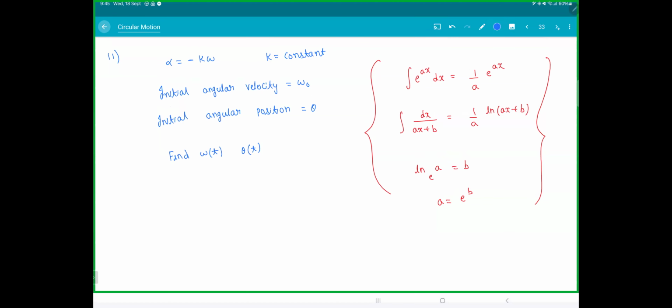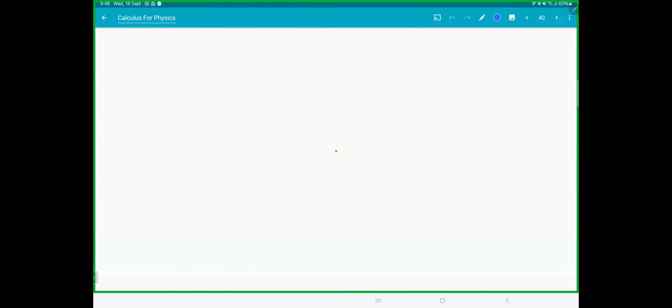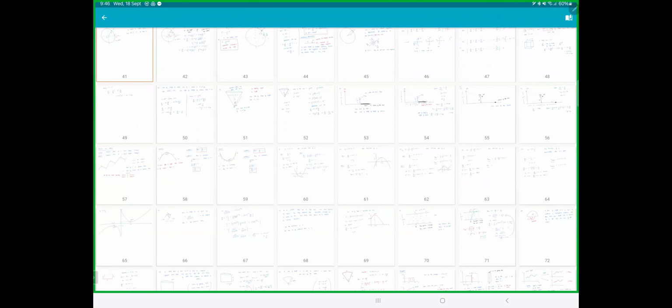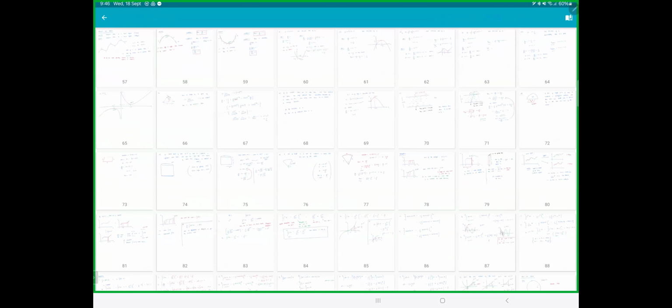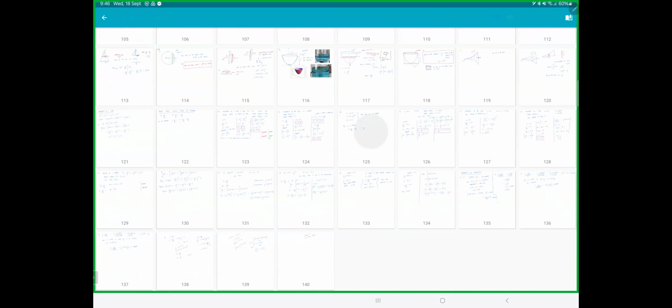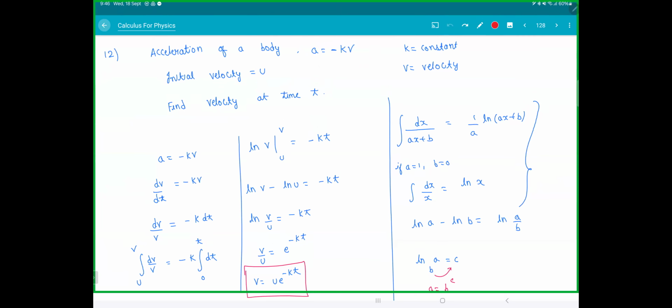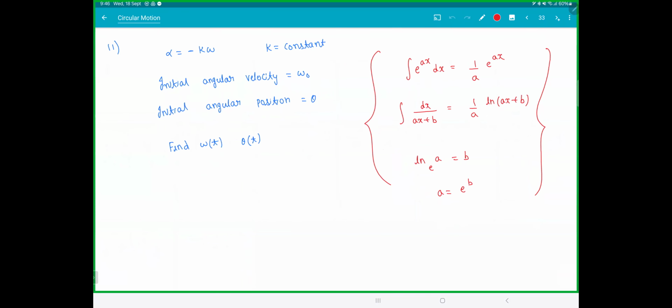And the best part, we have done this. We did this in integration. Remember this question? A is equal to minus kv. See? Alpha is equal to minus k omega. Initial velocity, find the velocity at time t. Same question. Try.